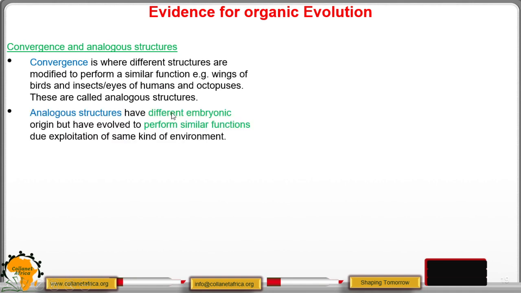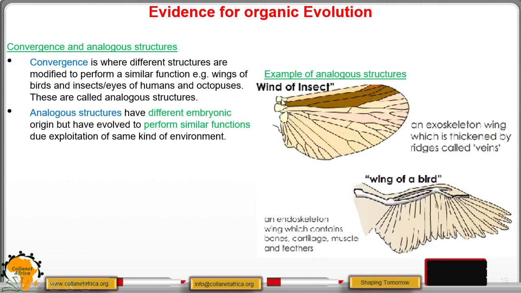Analogous structures have different embryonic origin but have evolved to perform similar functions due to exploitation of the same kind of environment. Examples of analogous structures are these: the wing of an insect and the wing of a bird. Both of them are used for flight, but their origin is different.